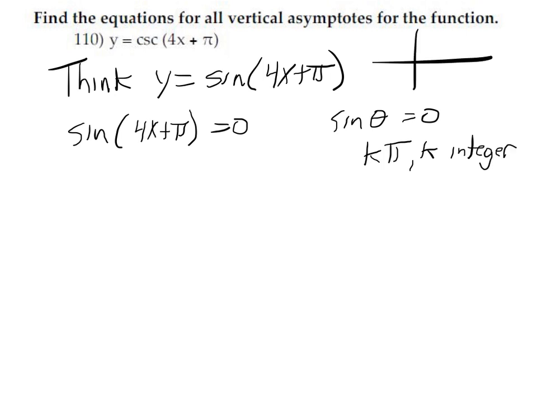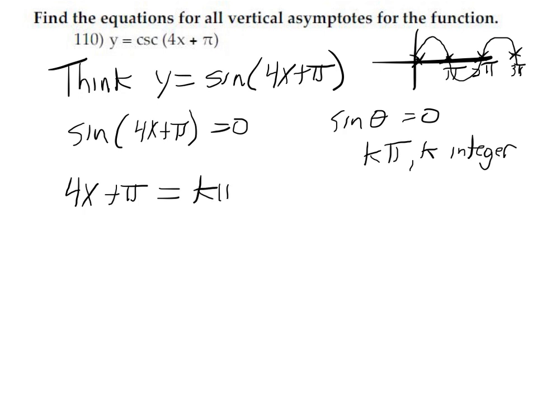This comes from the graph. Pi, 2 pi, 3 pi, sine just keeps going to 0 at all the pi's. So k pi. So we need to find out where 4x plus pi equals k pi. First off, subtracting pi, 4x equals.